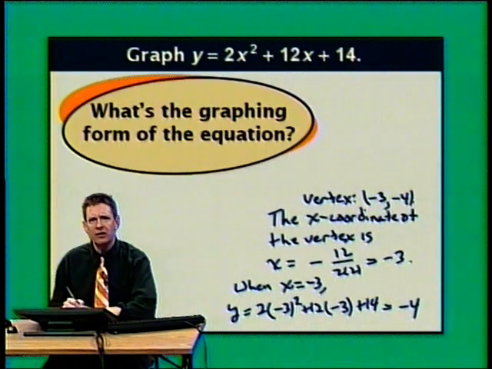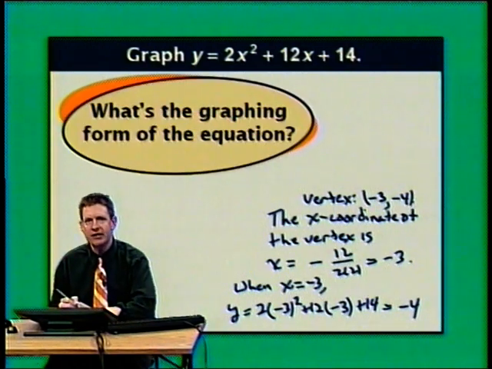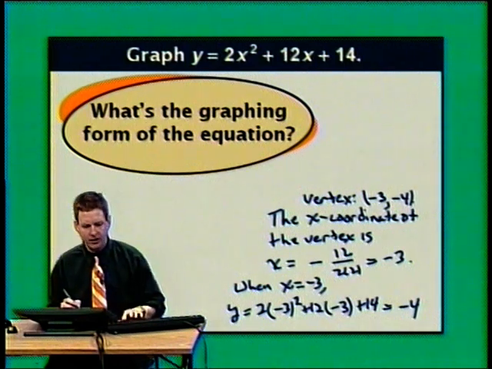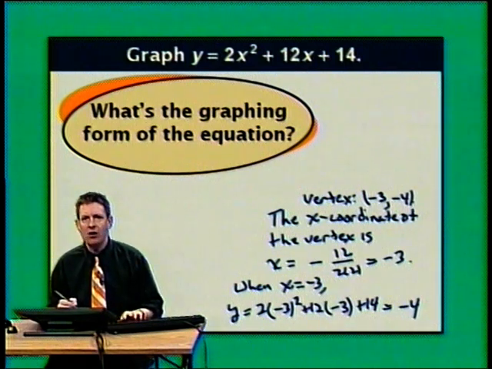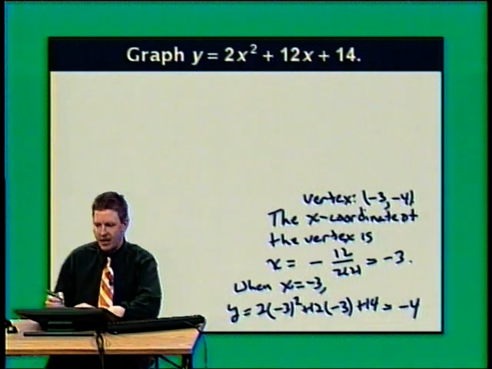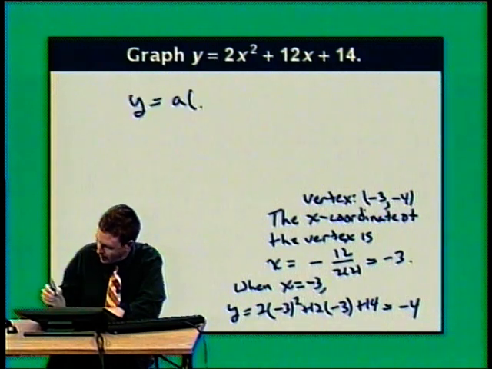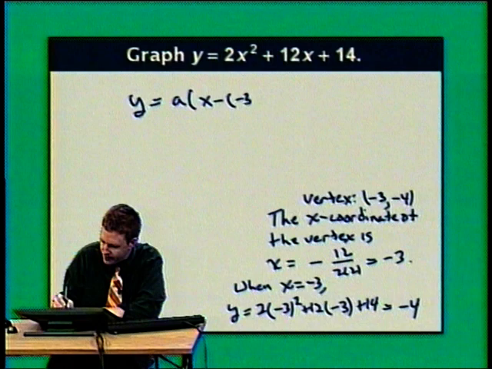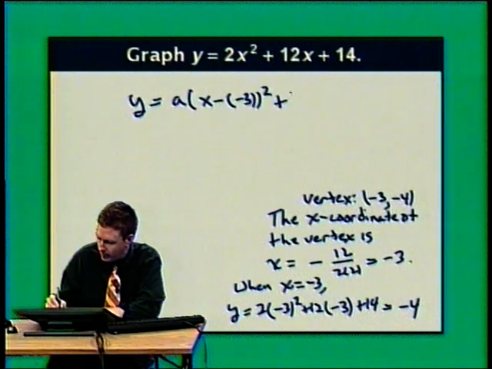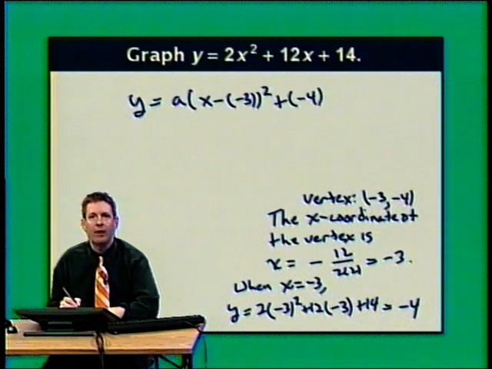Now, what's the graphing form of this equation? This time it's a little trickier than the last time because my leading coefficient on the x squared side of the equation isn't 1, it's 2. From my vertex, I know that I need to have y equals a times (x minus negative 3) quantity squared plus negative 4.